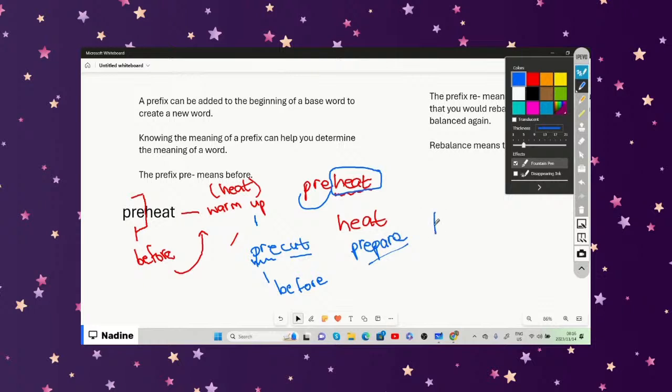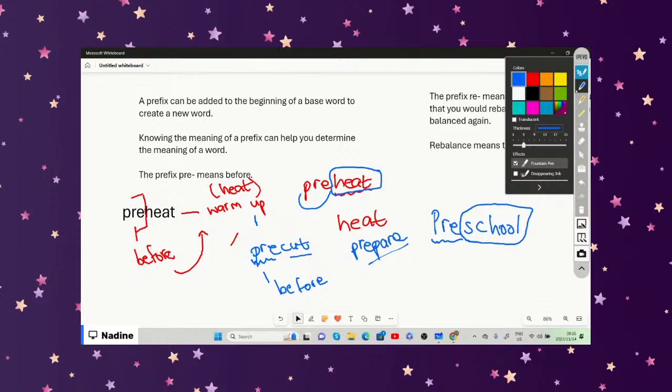Then we also have preschool. Preschool is also a word that has a prefix because there we have school that can stand on its own, which is our base word, and pre is our prefix. School is an institution, a place where we go to work and learn, get our education, and preschool is what you need to attend before you officially start school.